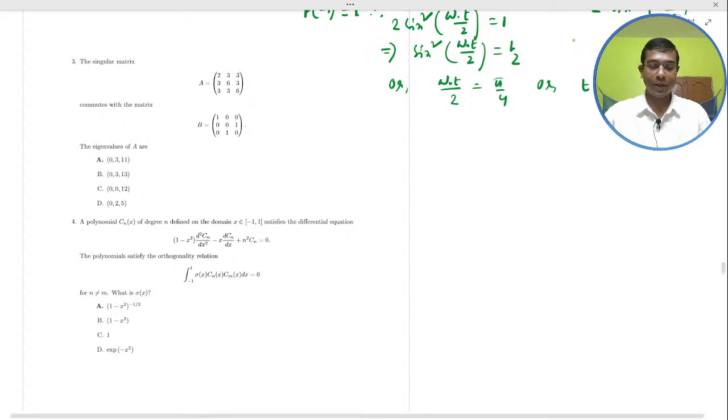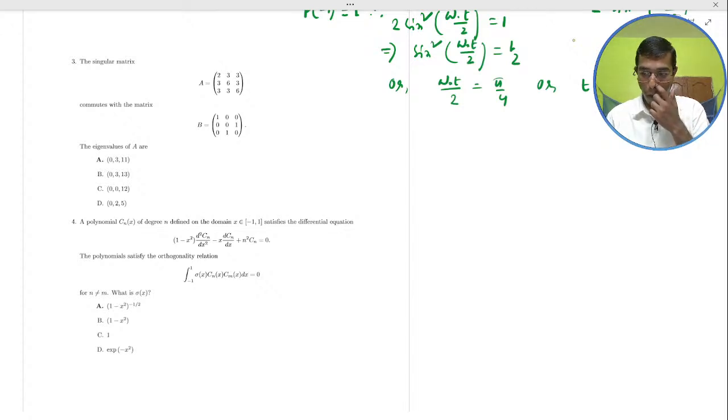The eigenvalues of A are what? Simple concept: sum of eigenvalues.